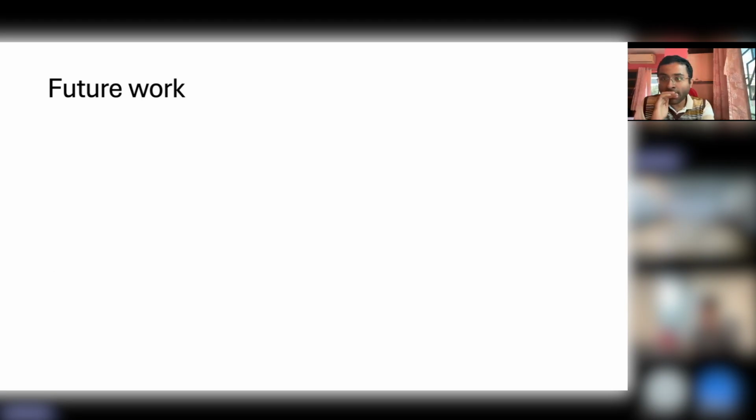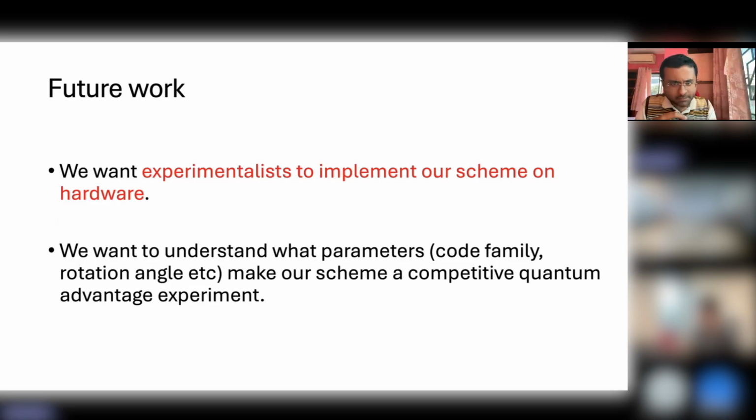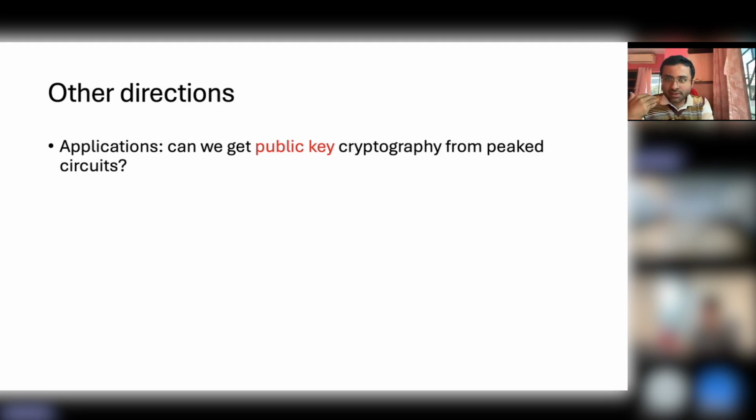And what are some open directions? Well, we want experimentalists to implement the scheme on hardware. So that's one: trying to find out what code parameters or rotation angles make our scheme competitive. Other directions? Well, note that one nice feature of this scheme is that one part of the code is private, the CX code.